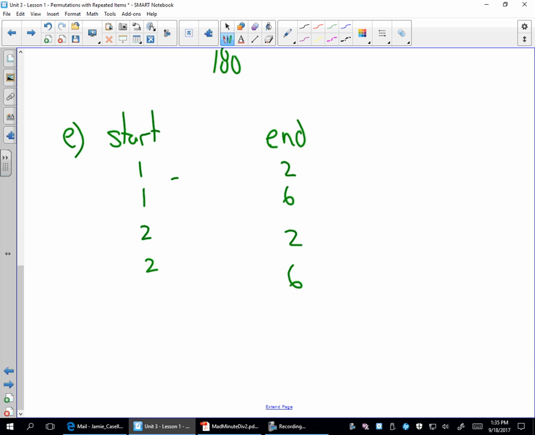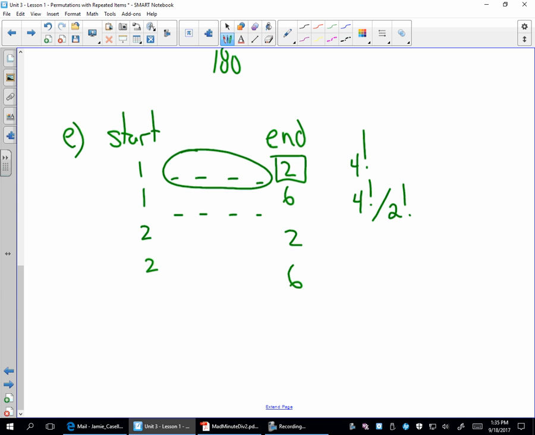But in all these cases, we have 4 numbers left in the middle. So in the first one, 4 factorial, I have no repetition of 2's because one of my 2's is already used up right here. The next one, I have 4 factorial again. There's 4 numbers, but 2 of them are 2's. Somewhere in this connection here, there's got to be 2 2's.